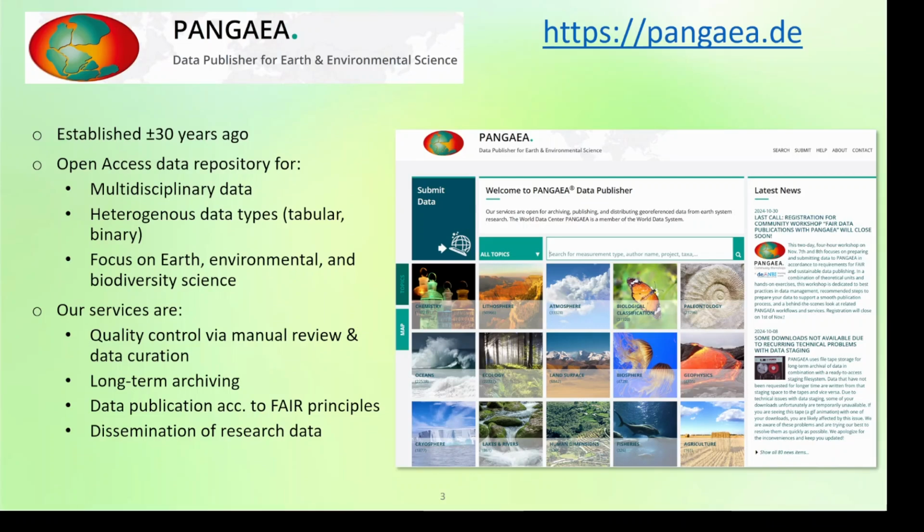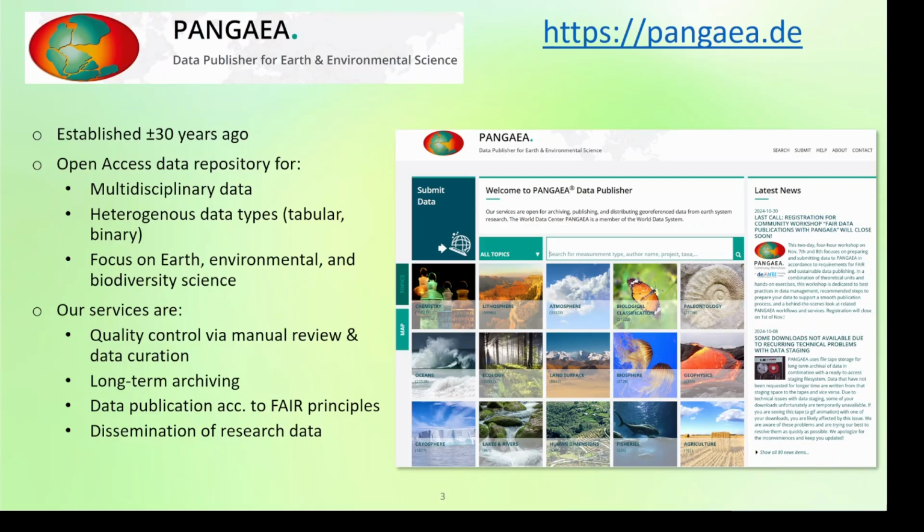Another service is that the archiving of data is long-term, 10 years and more. And the data publication is as FAIR as possible. I don't know if you came across the FAIR principles of data publishing already, but I will pick it up here and there in my slides. So you will hear it quite often in my talk.